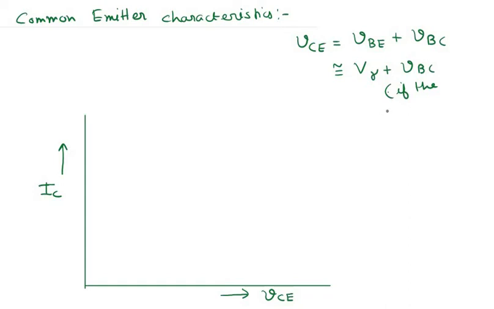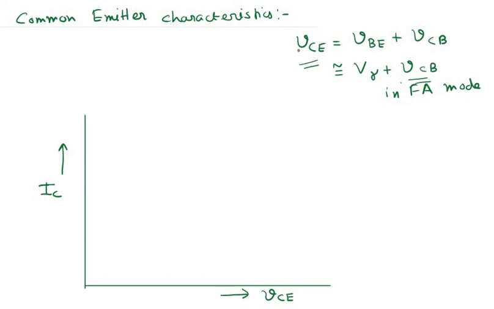FA means forward active. So for sufficiently large values of VCE, VCE equals VBE plus VCB.